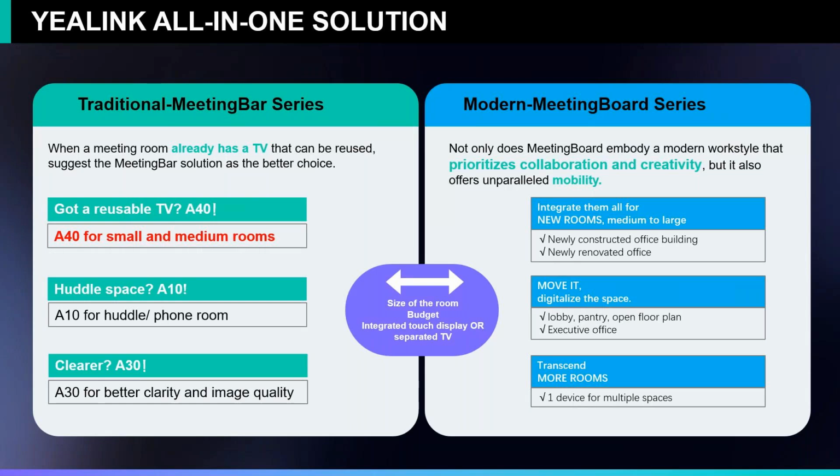Now, if the customer needs an interactive display, for example, for whiteboarding, to use the whiteboarding functionality that is built into Teams Rooms, and he needs a touch display, he is definitely better suited with the meeting board series, which can be wall mounted or can be mounted on a trolley to be moved around.